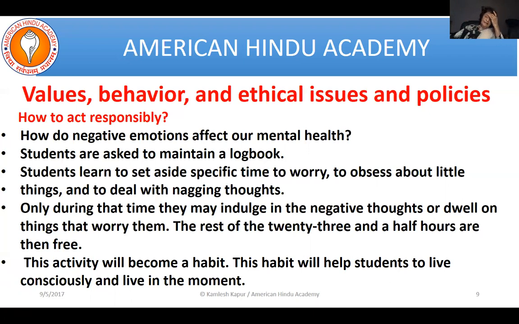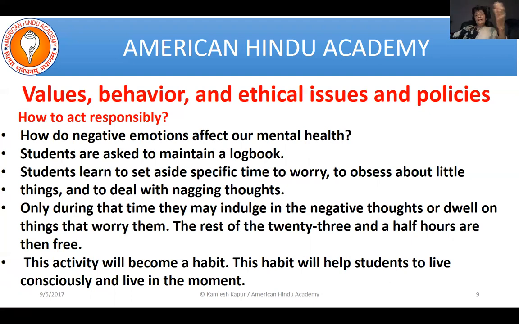And it tells us also how to act in a responsible way. Automatically you see the elders touching the parents' feet in the morning for blessings. This shows humility. What I am, I owe to my parents. And then you touch the feet of the teachers. That also shows that what I am, it's because of your teachings.